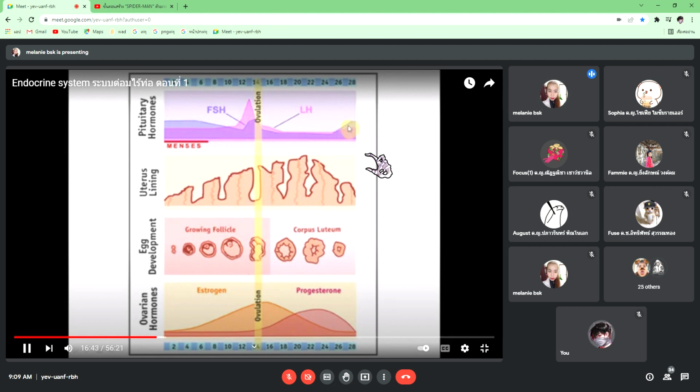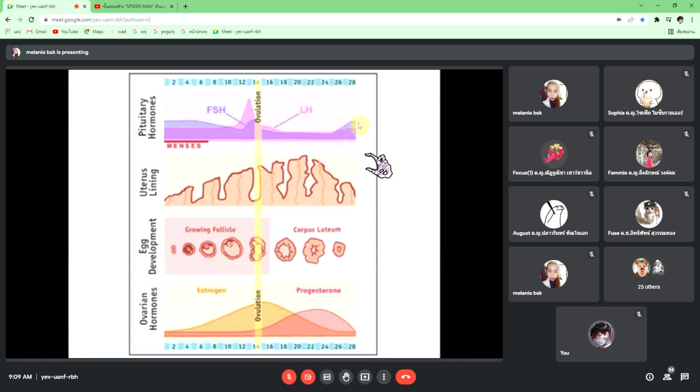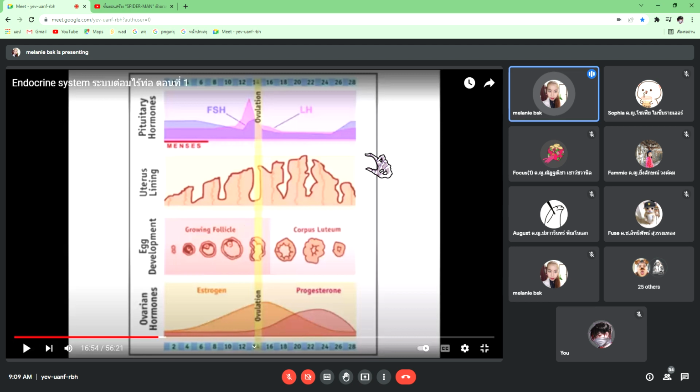Okay, for the female, your ovaries are responsible for producing egg cells, okay, for menstruation when you go on high school, or sometimes if it is very early maybe you can experience it when you are in grade 5 or grade 6, some children, for your menstruation period.